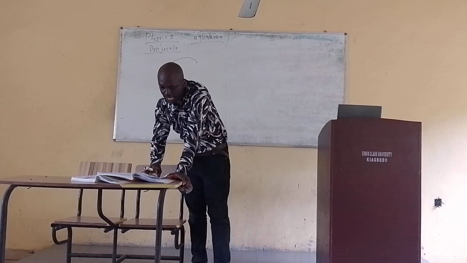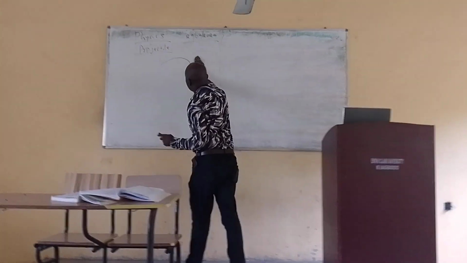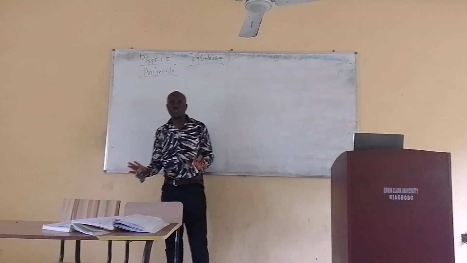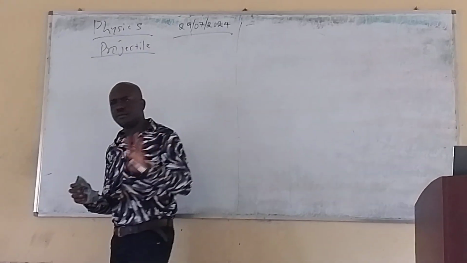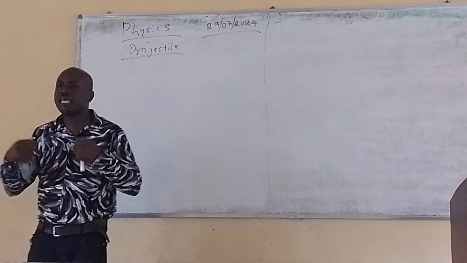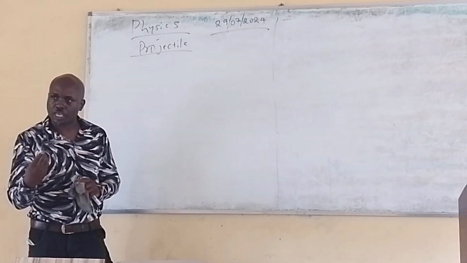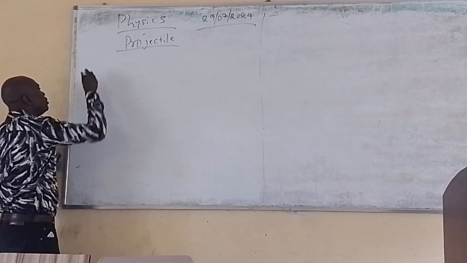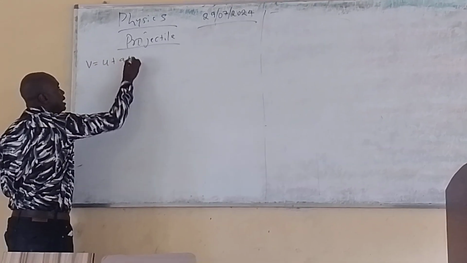Before we start, I want us to recall what we did in our last class, which is the derivation of equations of motion. We were able to derive the 3 main equations of uniformly accelerated motion. The first equation is V equals U plus AT.